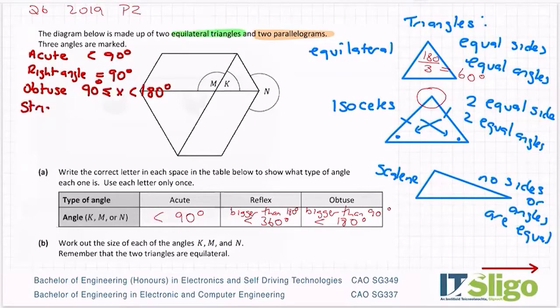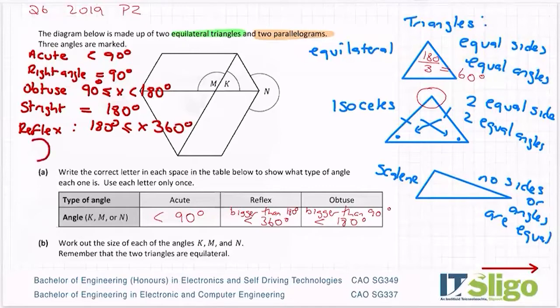You then have a straight angle, equal to 180 degrees. And finally, you have a reflex angle that is somewhere between 180 degrees and 360 degrees. And then 360 degrees is a full circle.